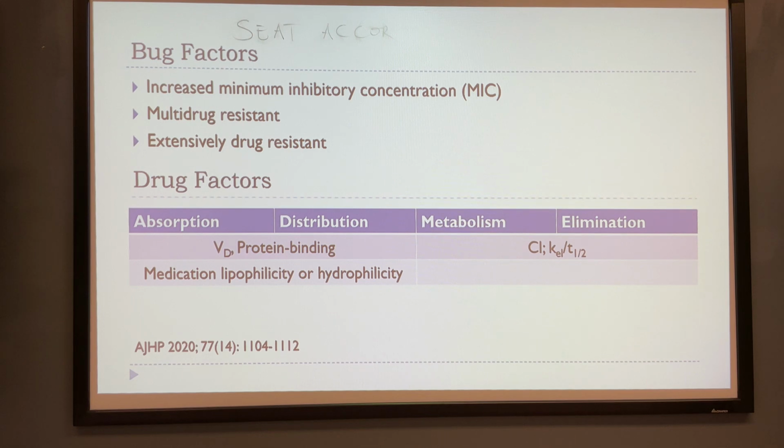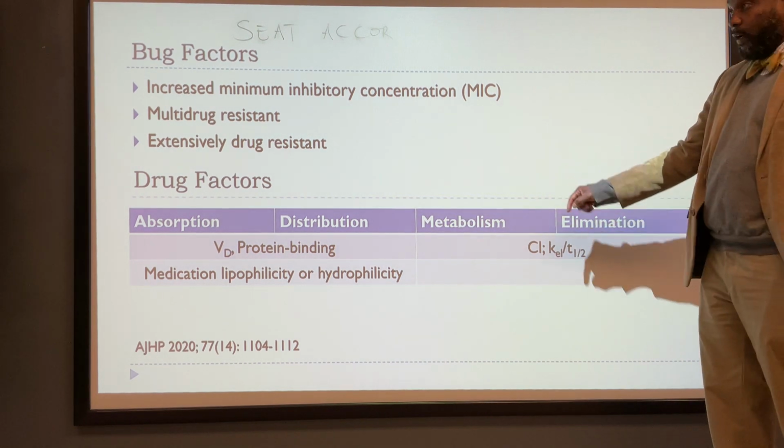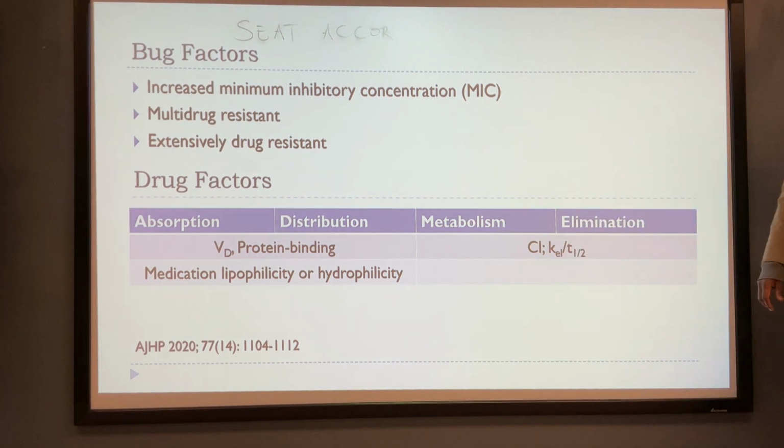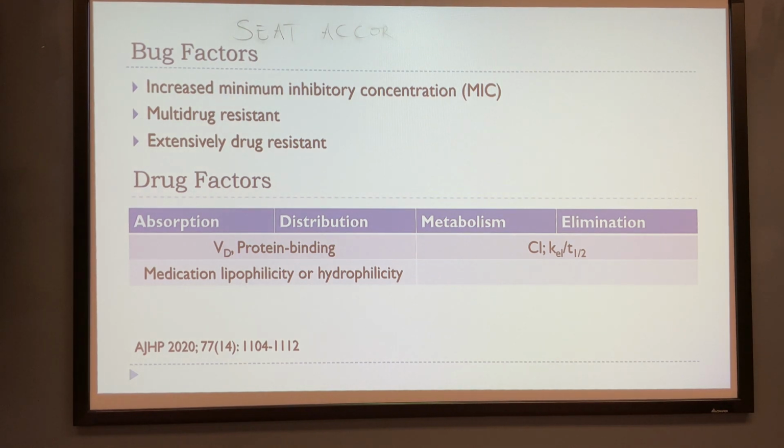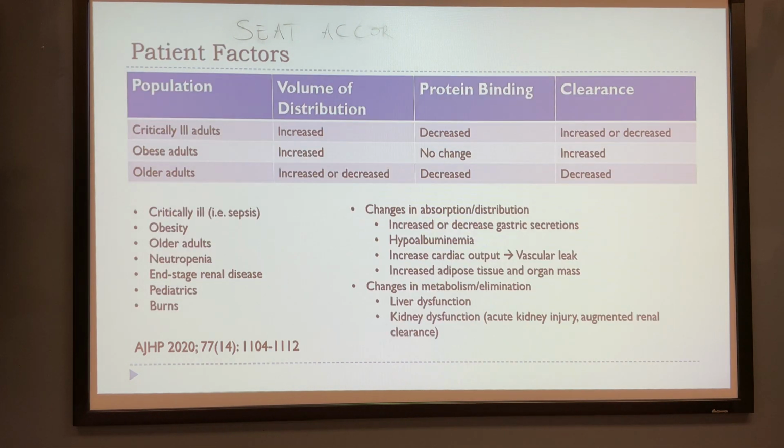Things that we look at as far as metabolism, clearance, of course, is very, very important. Of course, elimination rate constant and half-life really fall under elimination. But we know that these factors could be different based on the drug that we're giving, right?